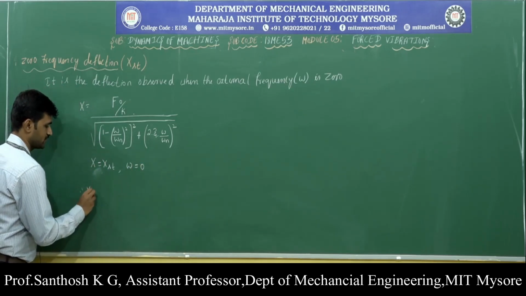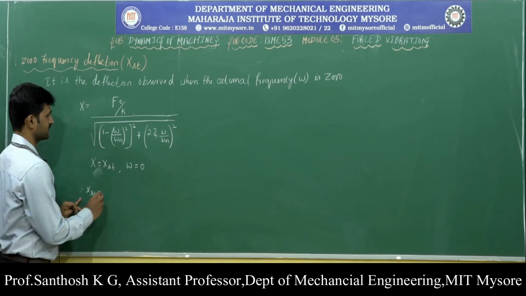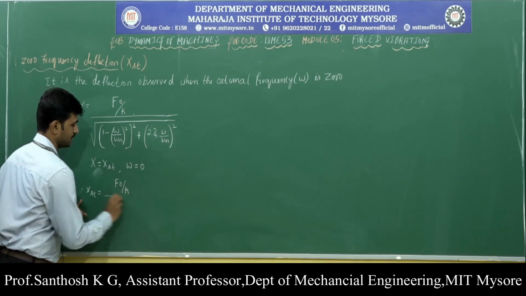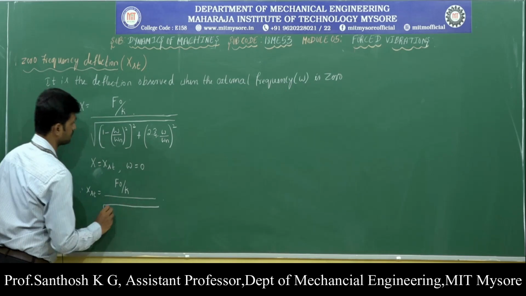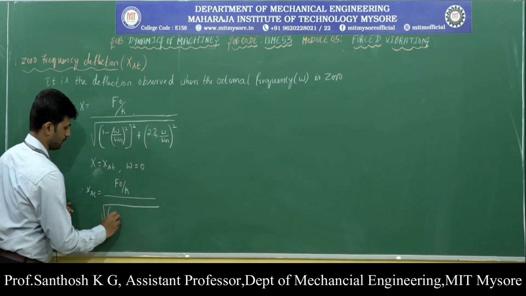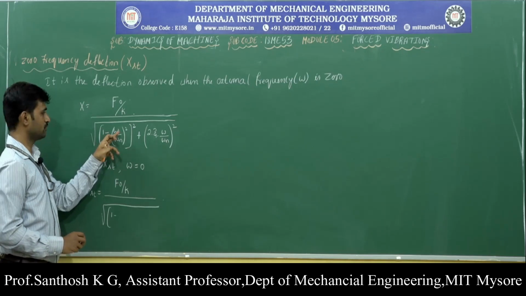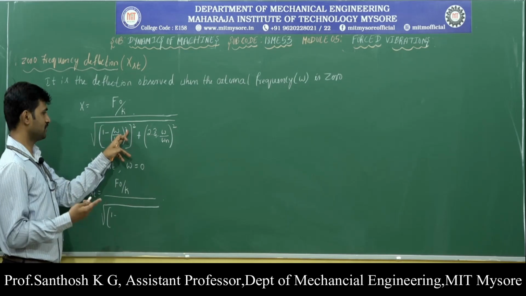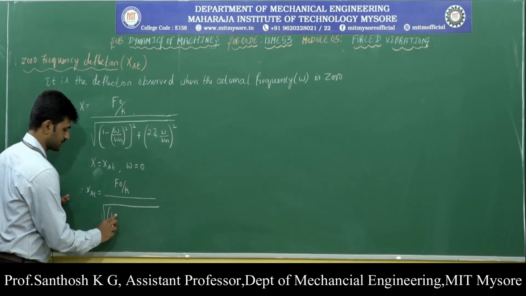Therefore, XST will equal F naught divided by K, divided by square root of 1 minus, in place of omega if I put 0, then 0 by anything will be 0, 0 square is 0, so 1 minus 0 is 1 and 1 square is 1 itself.